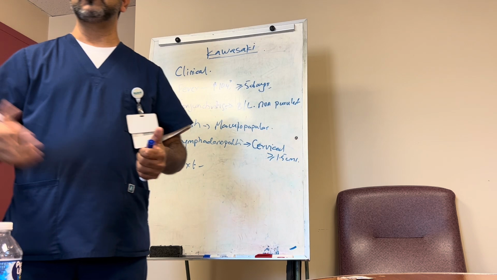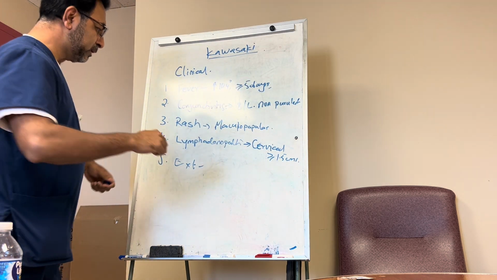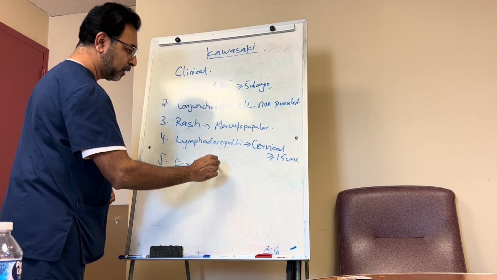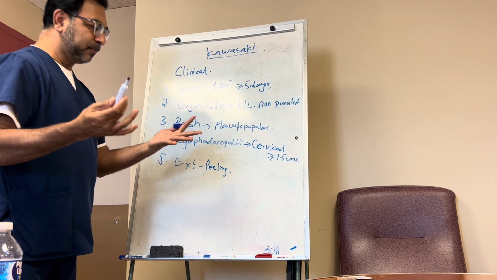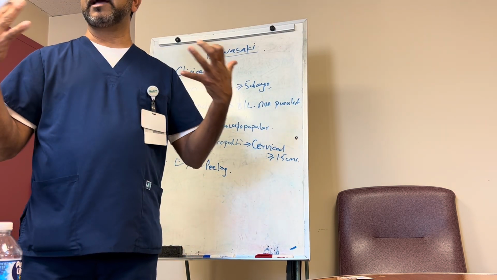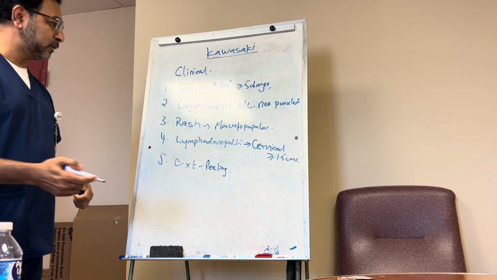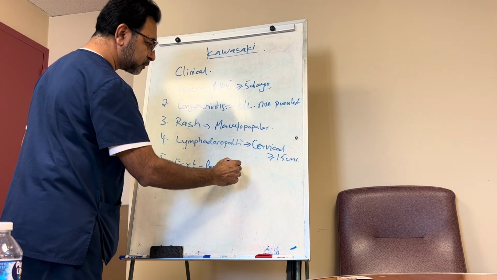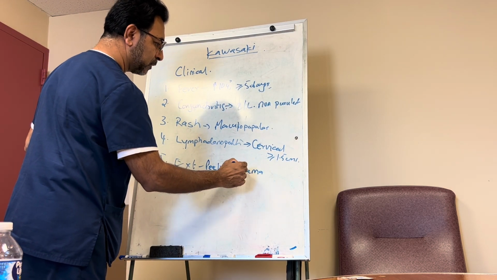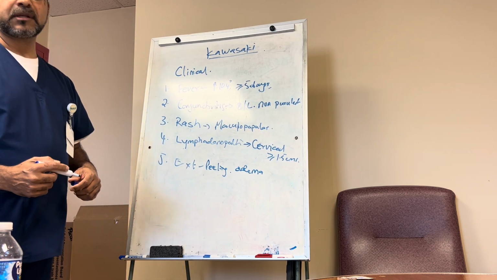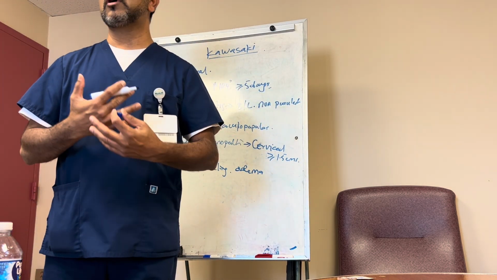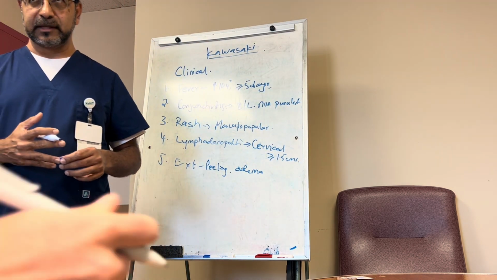You can have peeling of the skin on the palms and soles, and also you can have edema. All of those come under extremities. And along with that, you can have strawberry tongue and all of those other findings.